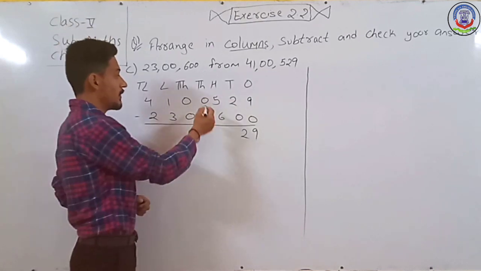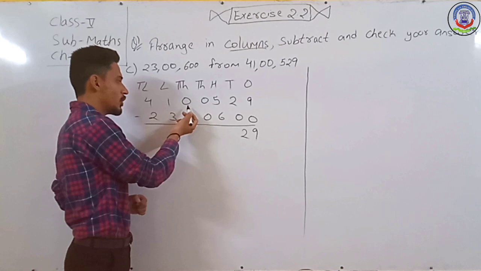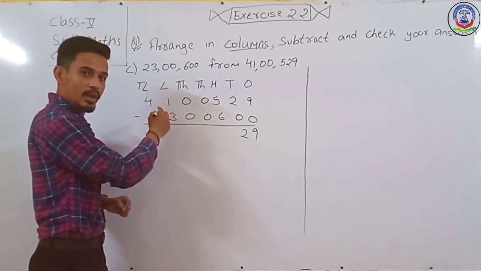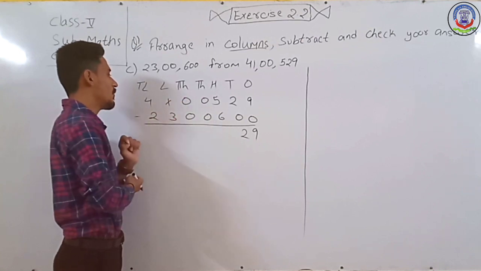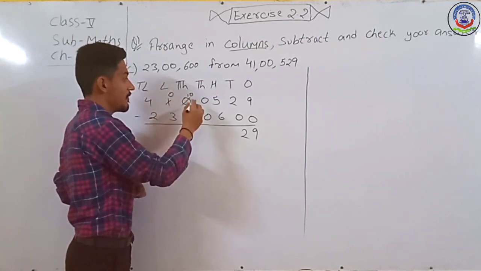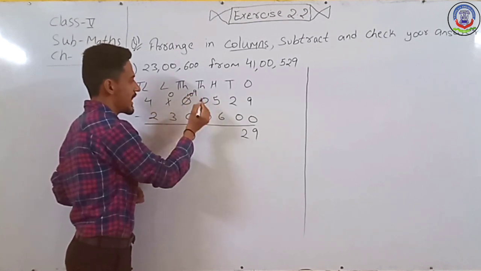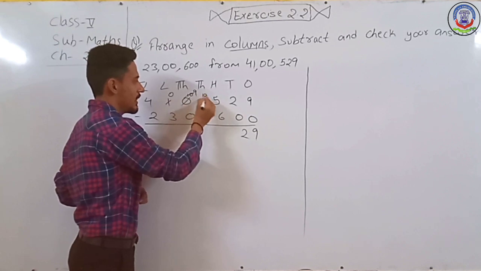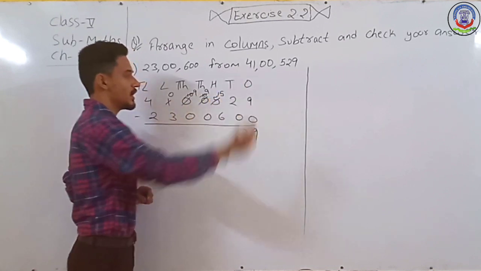But in the next column we have 0. So it borrows from the next column. It also has 0. So it borrows from the next column. So when we borrow from 1, 1 becomes 0 and 0 becomes 10. And when 10 gives another borrow, it becomes 9 and this becomes 10. Same, 10 becomes 9 and 5 becomes 15.